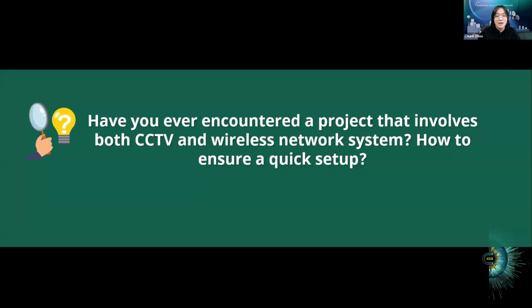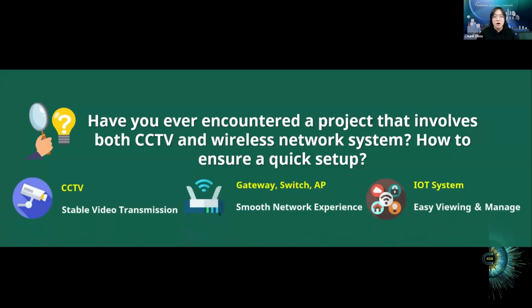Now I have a question. Have you ever encountered a project that involves both a CCTV system and a wireless network system, and how to ensure a quick setup? If you have encountered such a mixed network project before, you can give me some feedback in the chat box. So how to ensure a quick setup?